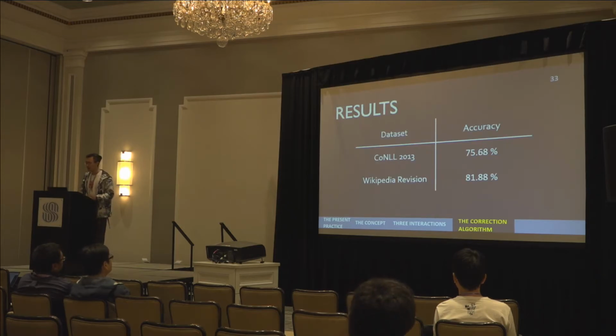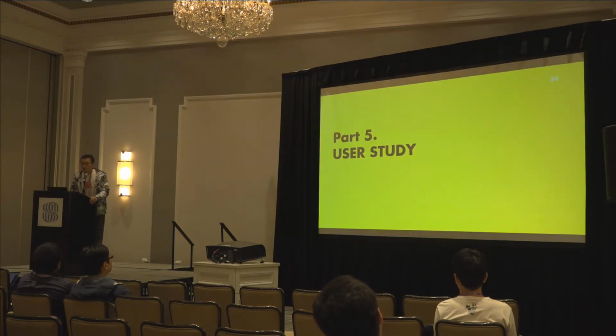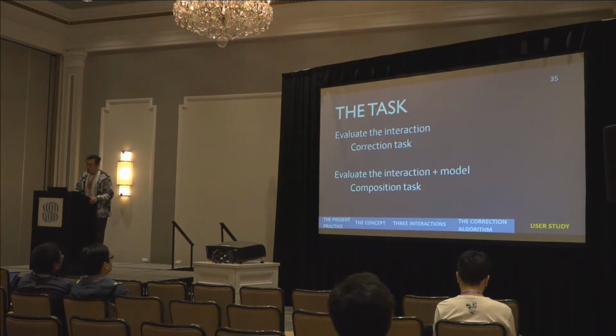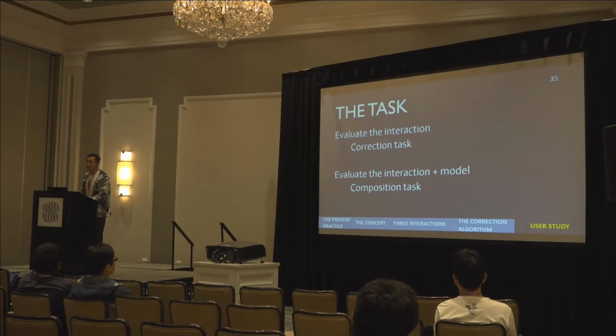And here are the results. This gives us a little idea of how the model performs. But what we care about more is the accuracy of the real system performance. So we did a user study to see the real performance. We had 2 tasks: the correction task to only evaluate the interaction, and the composition task to evaluate the interaction and also the model performance.